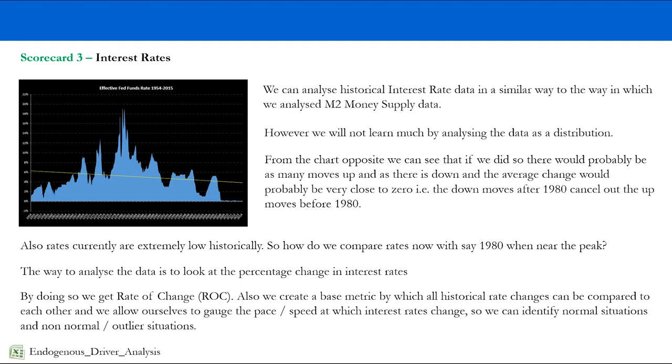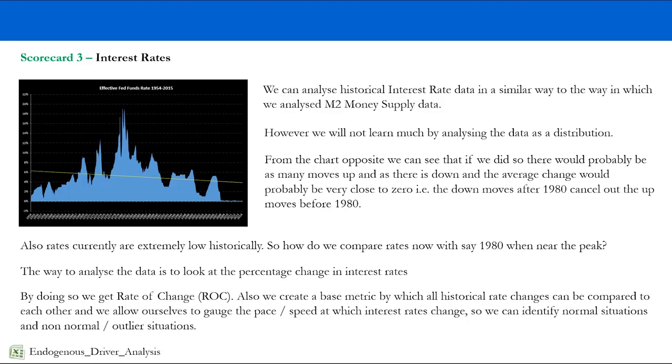And also, if you look at interest rates in the recent history, they're currently at extremely low historical levels. So how do we compare rates now with, say, 1980, when they were near their peak? So the way to analyze the data is actually to look at the percentage change in interest rates.